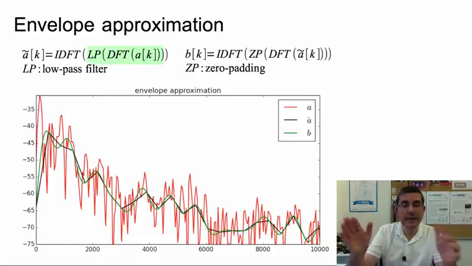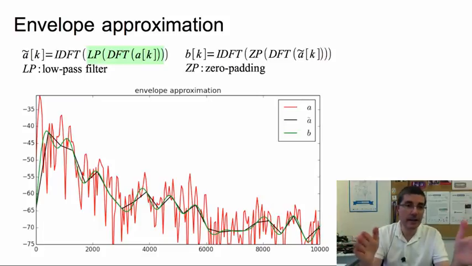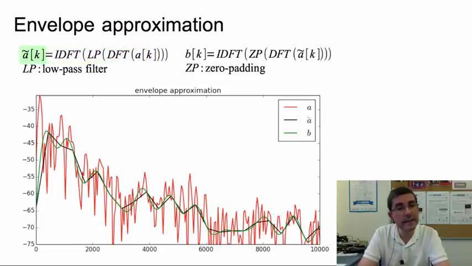Low-pass filter means basically we cut the spectrum, and we only accept the lower part of that spectrum. And then we can take the inverse DFT of that, and we get another signal, this a tilde, which is an approximation, a smooth approximation of the original a sub k signal.